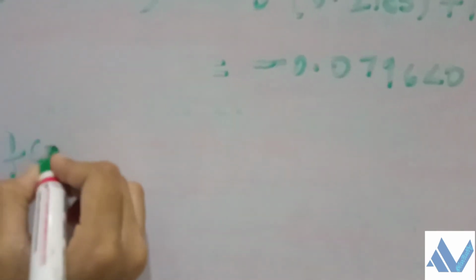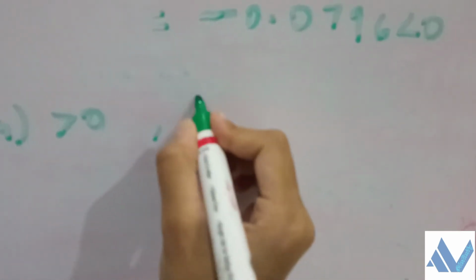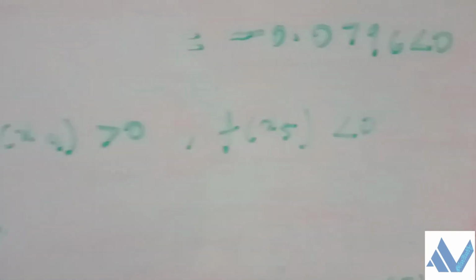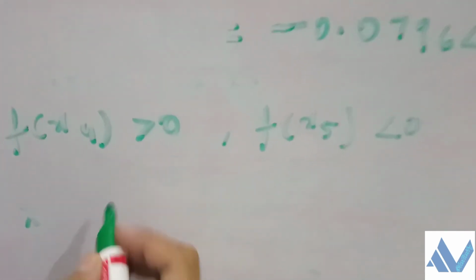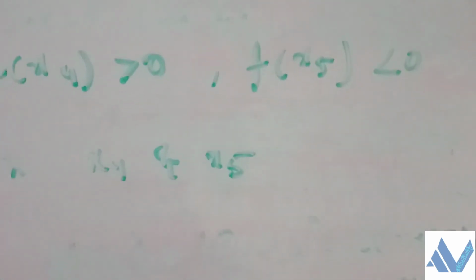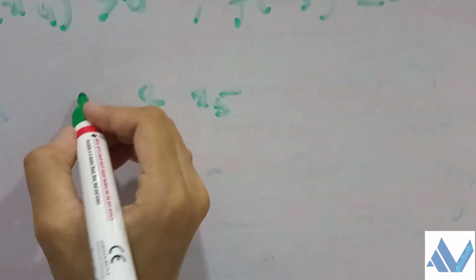So the previous value we had got, f(x4), is greater than 0. Here we have got f(x5) less than 0. Since we needed only 5 iterations, the root lies between x4 and x5.